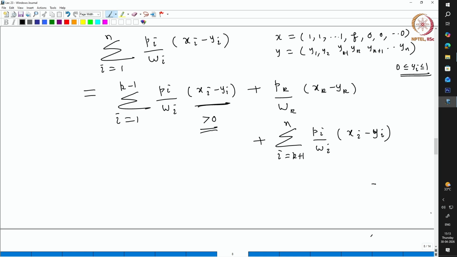Xk minus yk could be anything, we do not know how their relative values are, let us not worry about it. When i equals k plus 1 onwards, xi's are 0 and yi's are some positive number, therefore all these things are negative. All these expressions are less than 0.